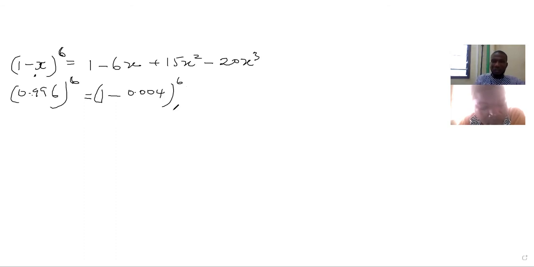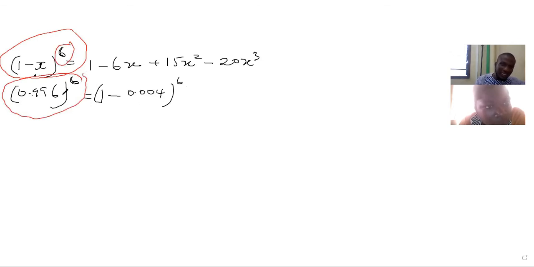We are saying that if what is here is the same as what is here, then this and this are already the same. We just have to make this and this also be the same, then the two of them will be equal. Because if what is in the bracket is the same, since they carry the same exponent, they will give the same final answer.